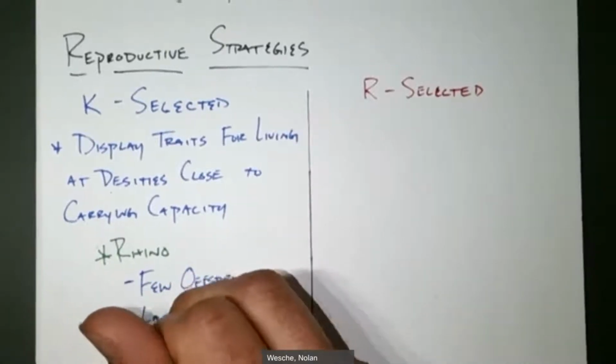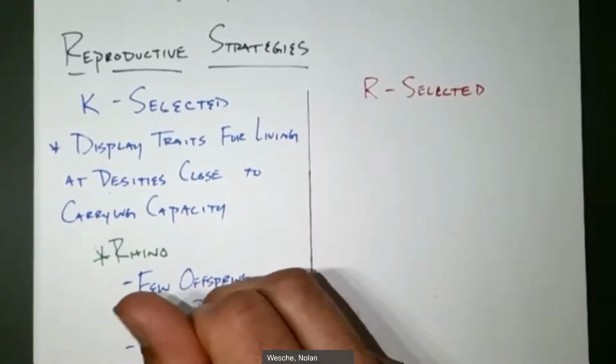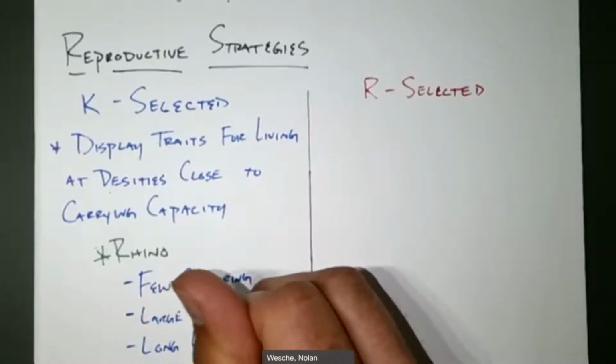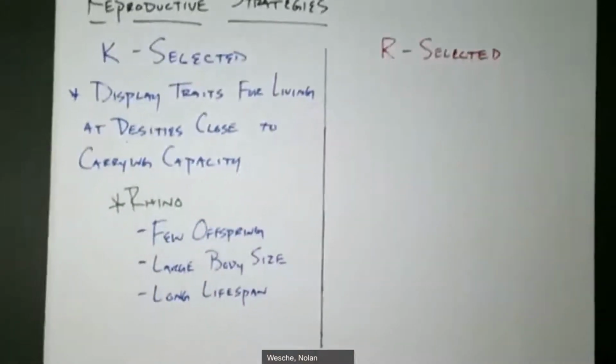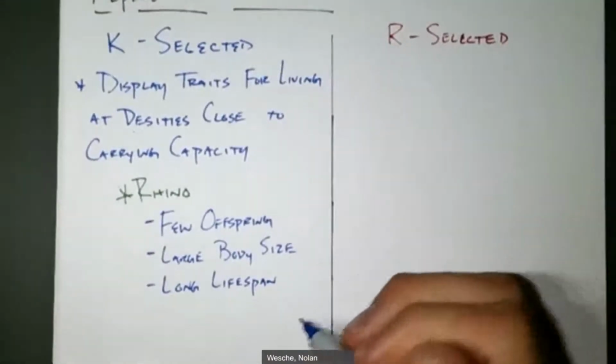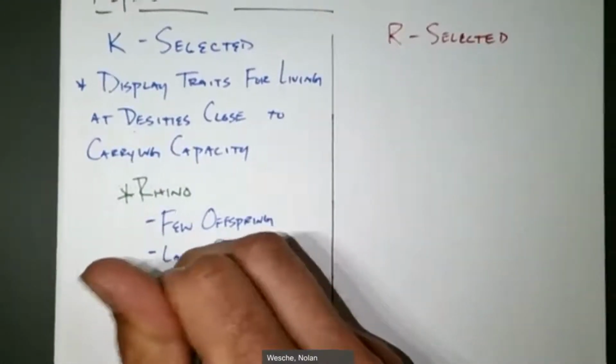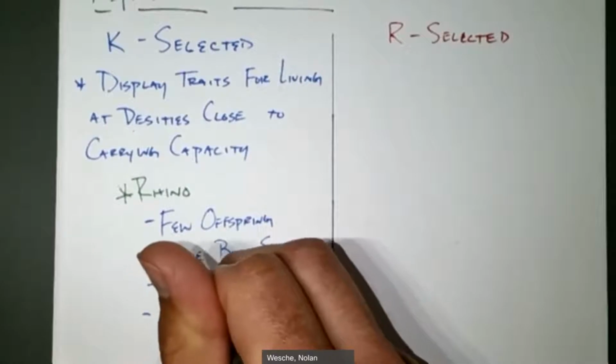Lifespan is going to be longer. It's going to be a while for those organisms to move from the pre-reproductive age to the reproductive age bracket, and we'll have extensive parental care.